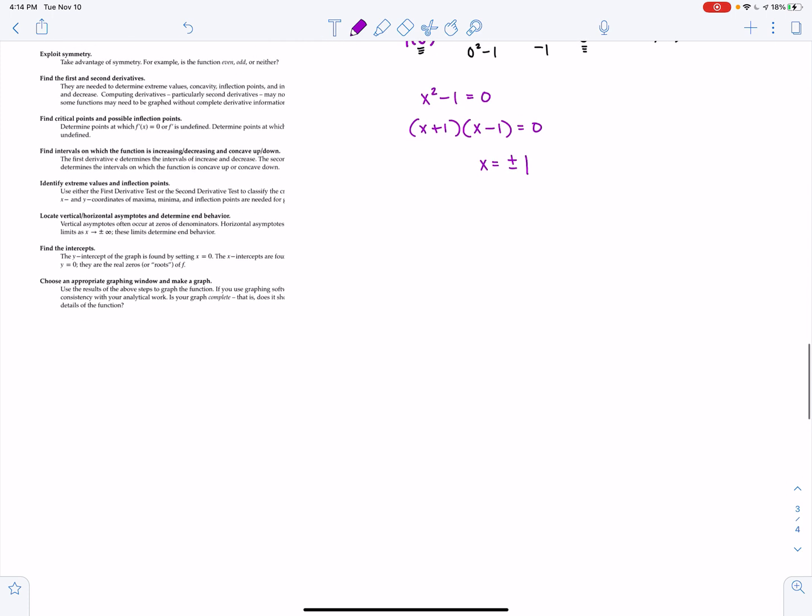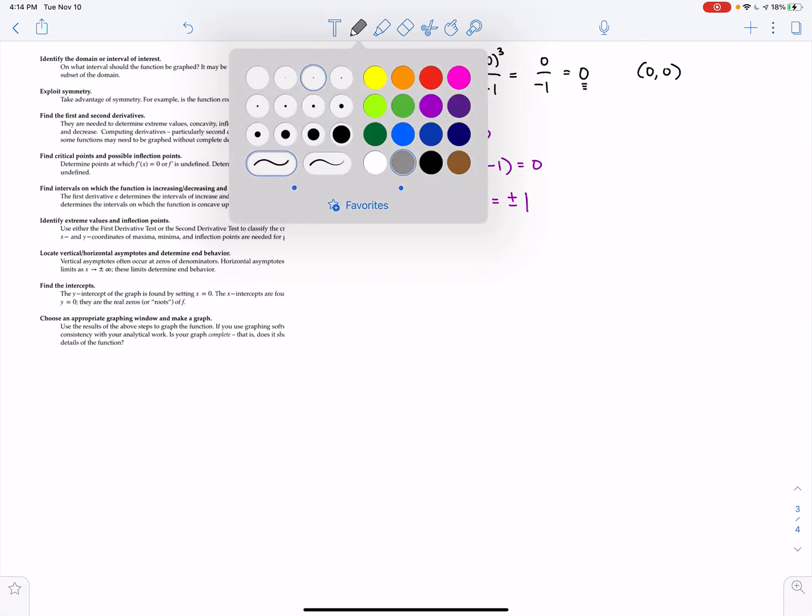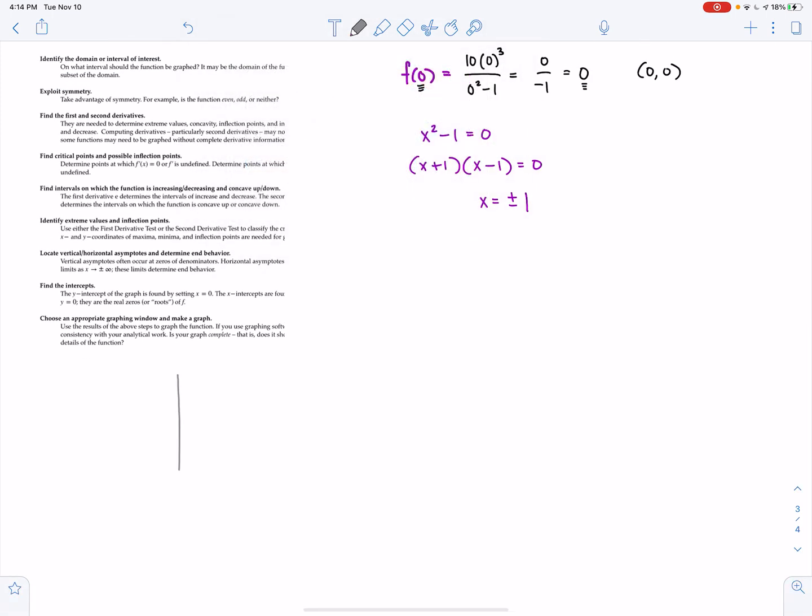So I'm going to build a little graph down here. I don't know anything really about y values yet, but that doesn't stop me from getting started. I'm going to acknowledge that at 1 and negative 1, I have asymptotes.